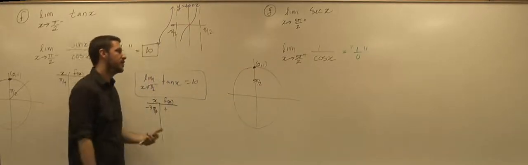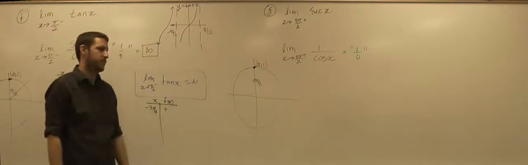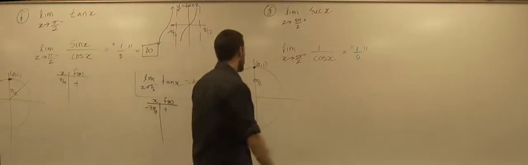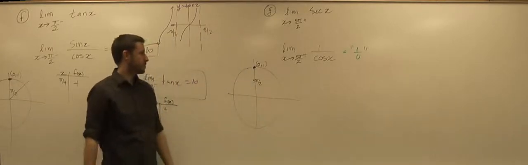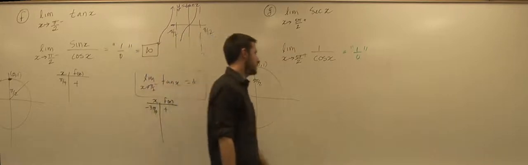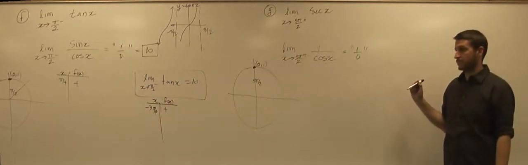So either you remember the graph or you think of something that's slightly bigger than 5 pi over 2. Is it positive in that? If you graph cosine, right at pi over 2 it would go up the asymptote.